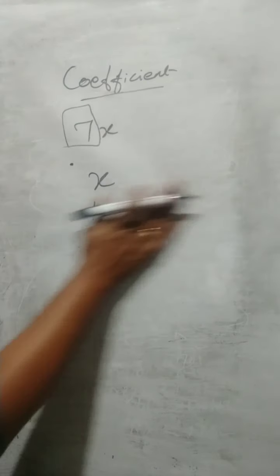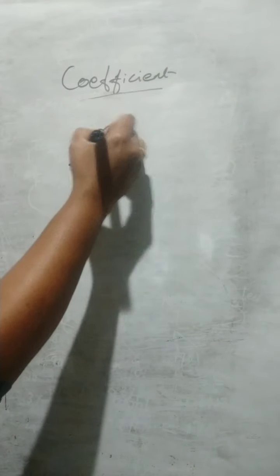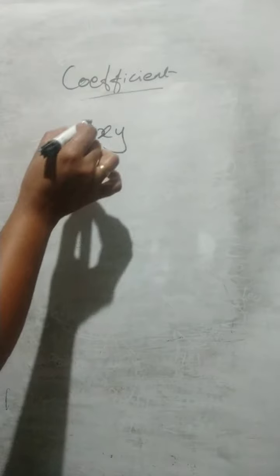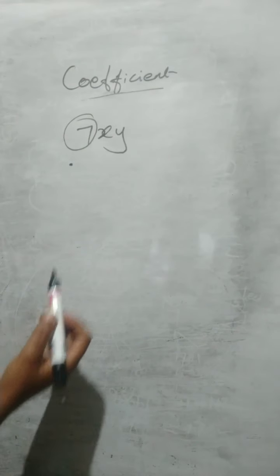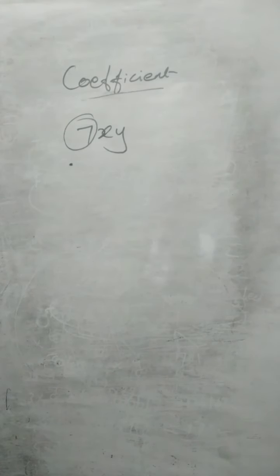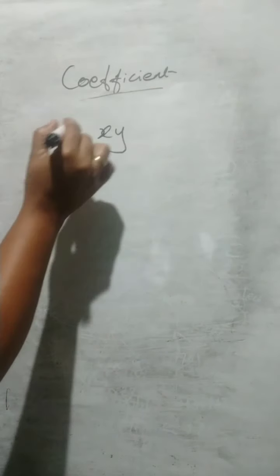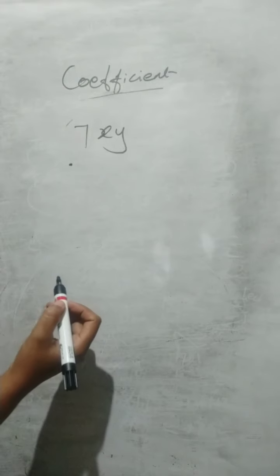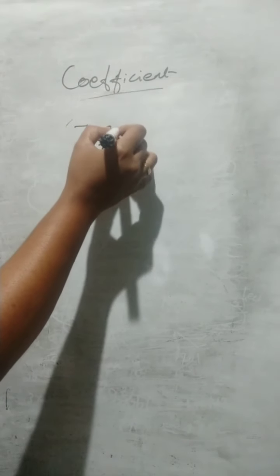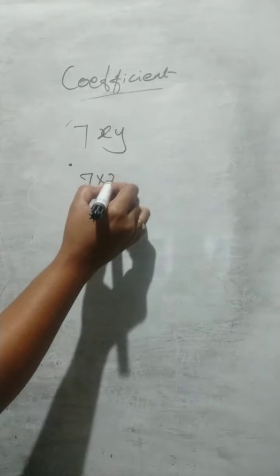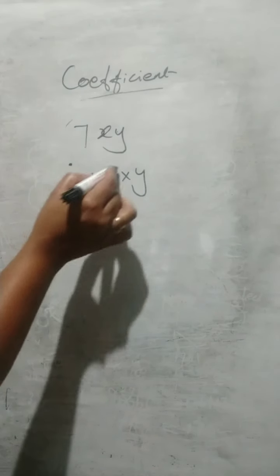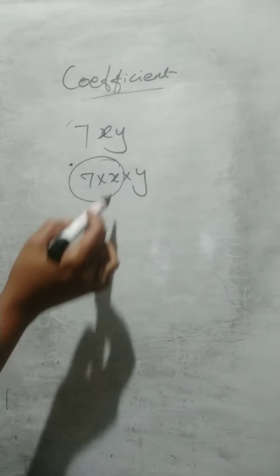But sometimes they will ask, what is the coefficient of 7xy? Only coefficient, then we have to write 7 is the coefficient of xy. But in some cases, we can ask, what is the coefficient of y? Then, here it is 7 times x times y, so 7x is the coefficient of y.